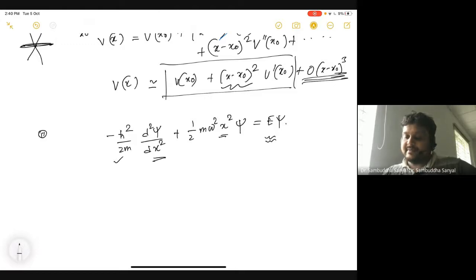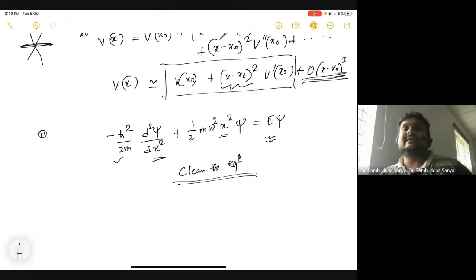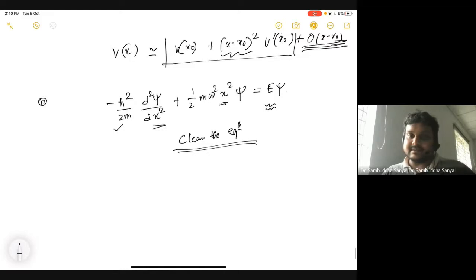There is a dimension of 1 by time, and all these factors are messed up. So it's not clean to see why this side is also energy times psi. So we'll clean the equation a bit to make manifest the point that both sides are basically energy times psi. That is the purpose.